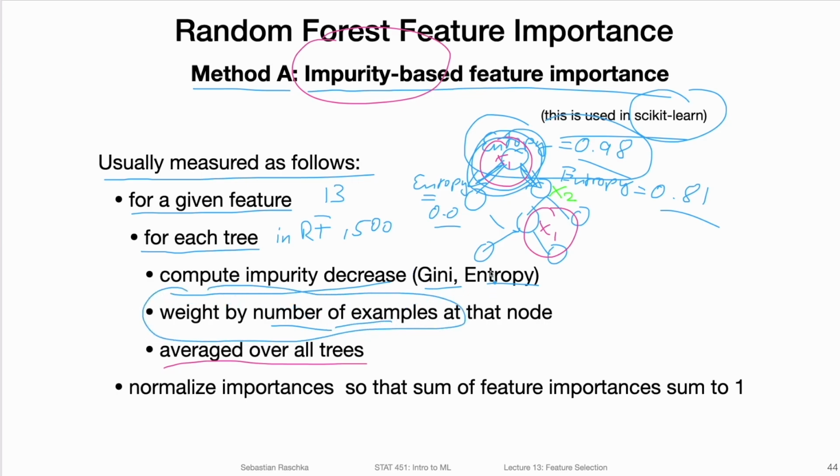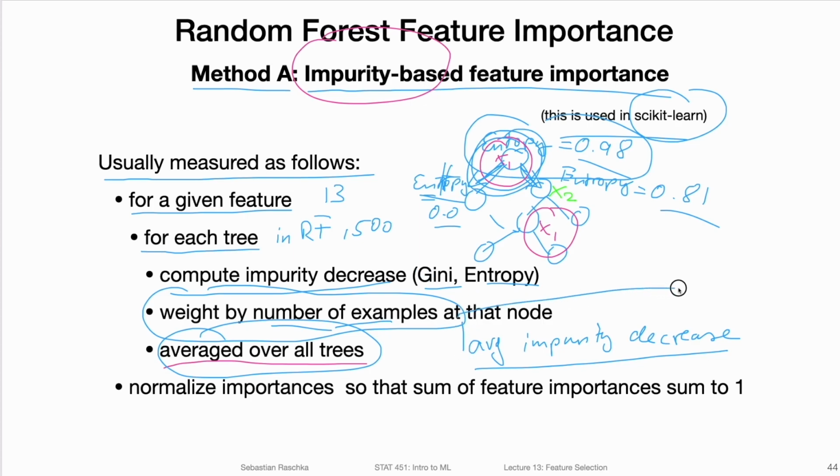So in a nutshell, how this feature importance is computed, it's looking at the impurity decrease over that feature in the tree and then averaging over all the trees. So it's essentially the average impurity decrease that tells us how important the feature is. The more important the feature is, the more it decreases the impurity, like the entropy or the Gini, for example.